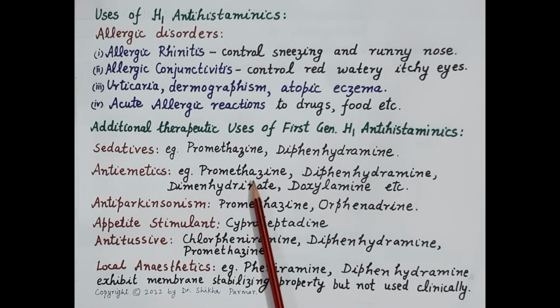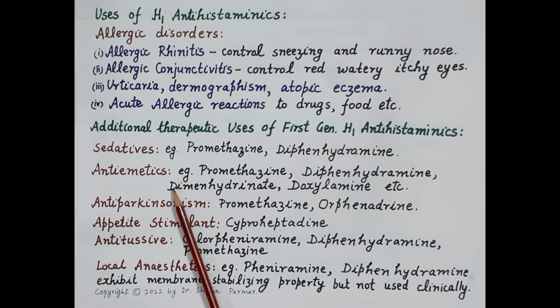Drugs like promethazine, diphenhydramine, dimenhydrinate, doxylamine block muscarinic as well as histamine H1 receptors located on the vomiting center and exhibit anti-emetic effect. So, these drugs prevent or suppress vomiting.